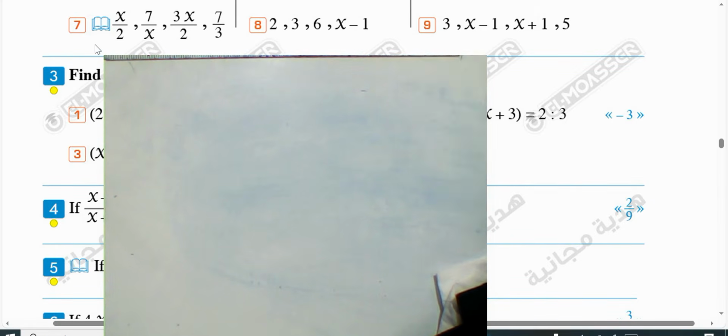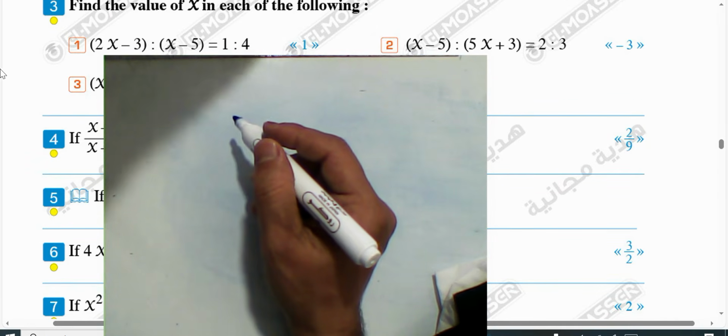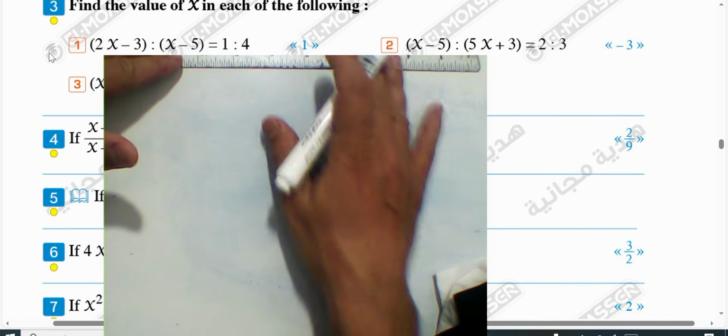Number 3, find the value of x in each of the following. Okay.